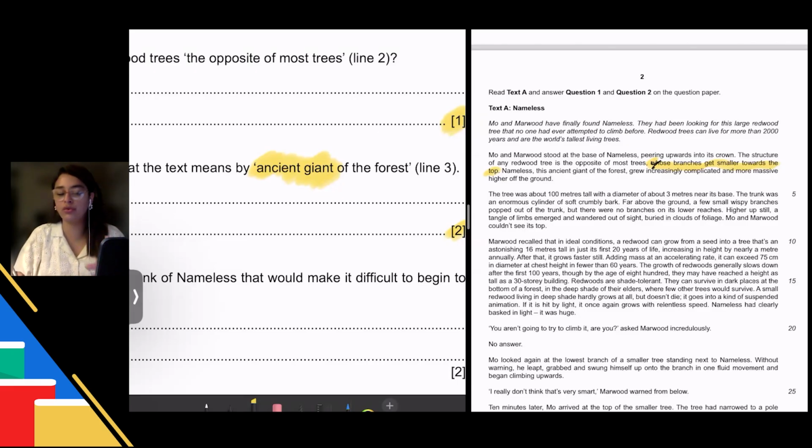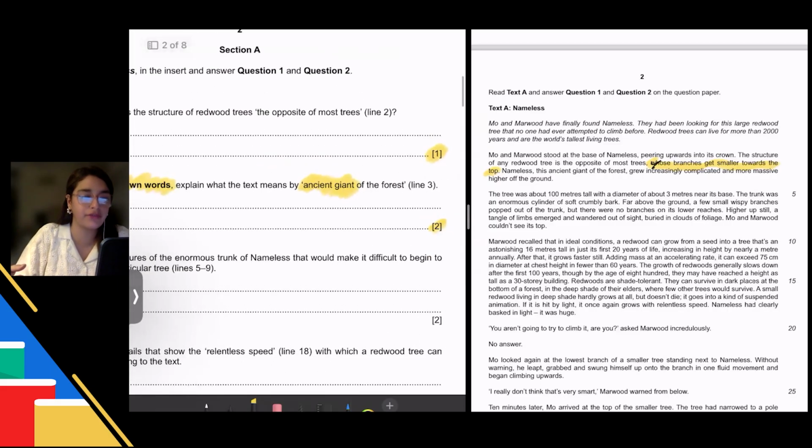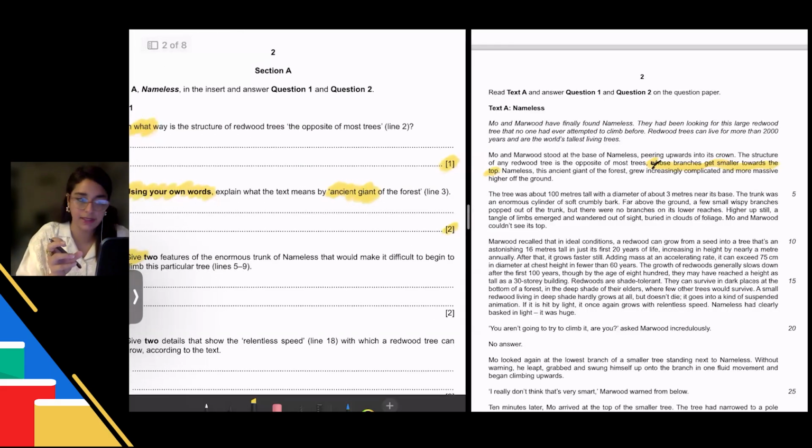Since we're referring to trees here, we would want to use words such as massive, huge, or very tall. The words very tall would work very well with the idea of very old and very tall trees that make up this forest. As long as you've mentioned these two words, rephrased from what the text says in your own words, you get the mark. Please keep in mind that the context matters quite a lot.